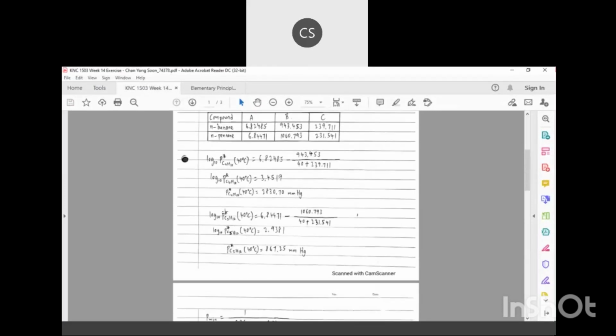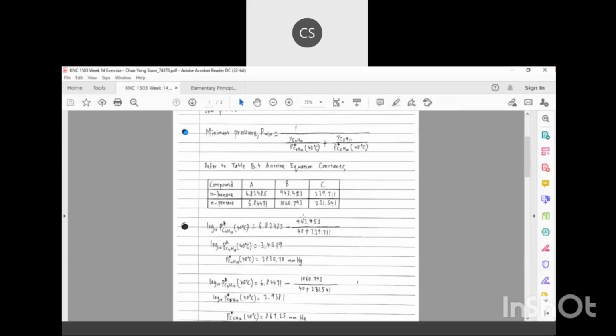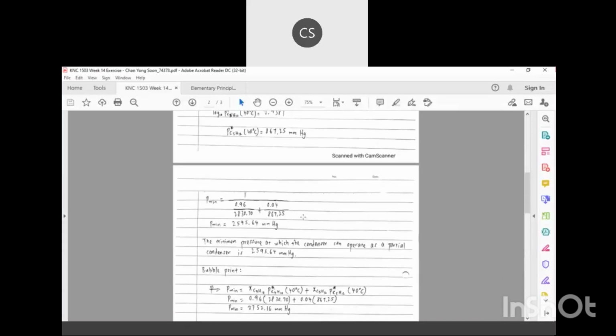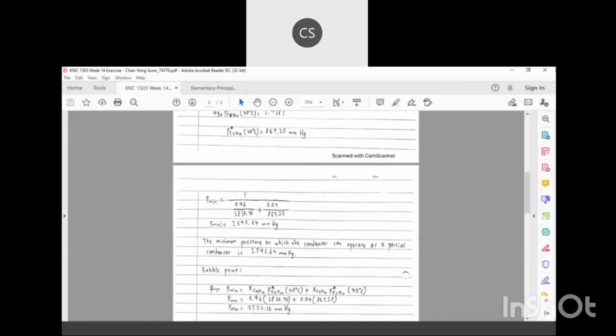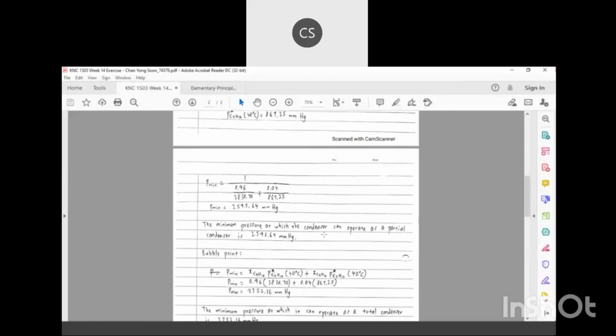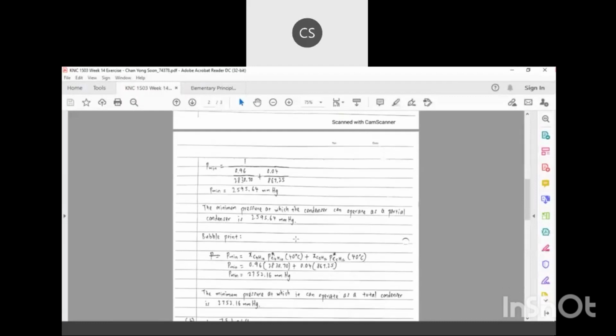The same goes for the pure pentane. Then you substitute them into the formula for the minimum pressure. The minimum pressure at which the condenser can operate as a partial condenser is 2595.64 millimeters of mercury.